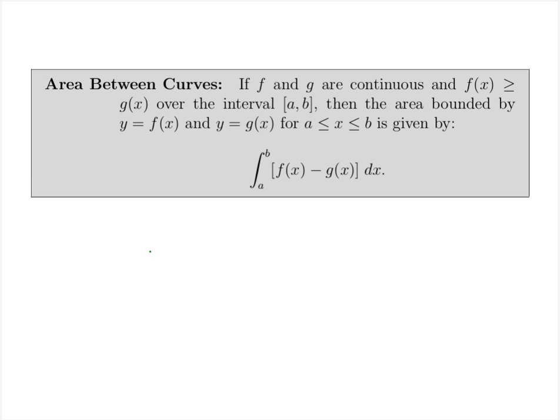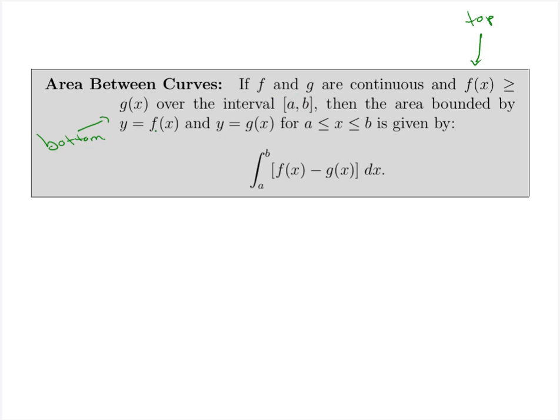So here's our theorem that we have. If f and g are continuous functions, they both have to be continuous, because if there's any asymptotes or things like that, things can get a little crazy. And f of x is greater than or equal to g of x, meaning f of x is on the top and g of x is on the bottom over this whole interval. Here's our starting point and our ending point.